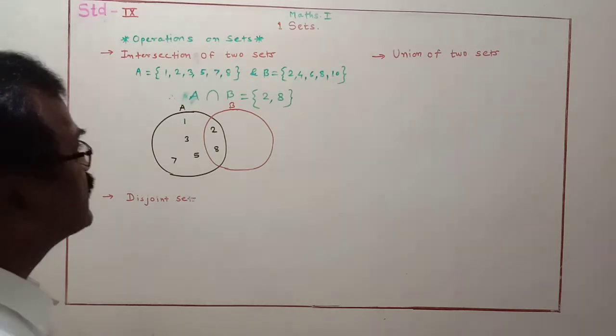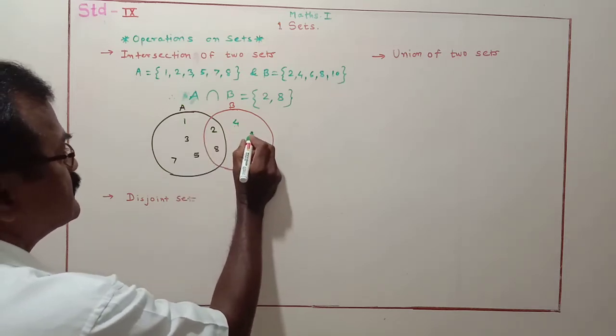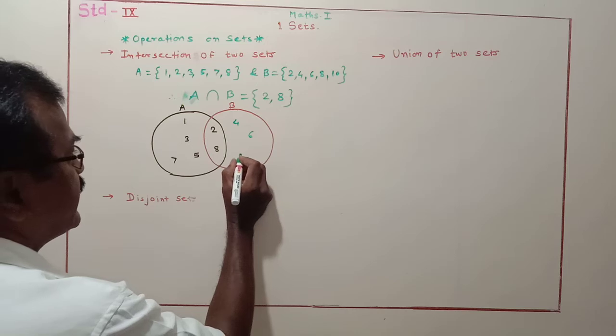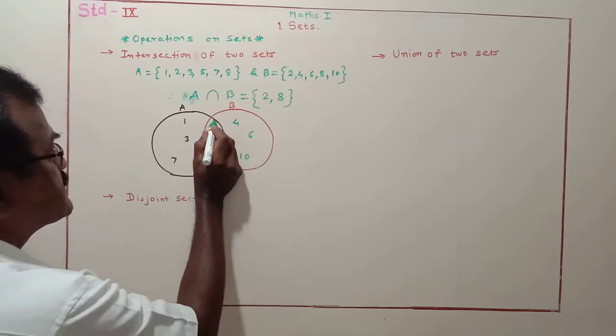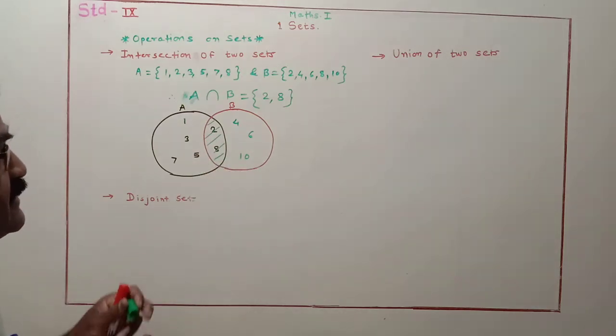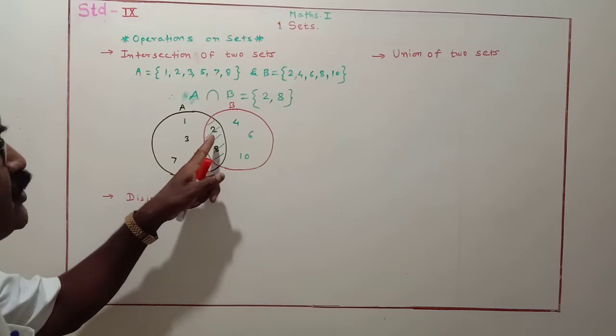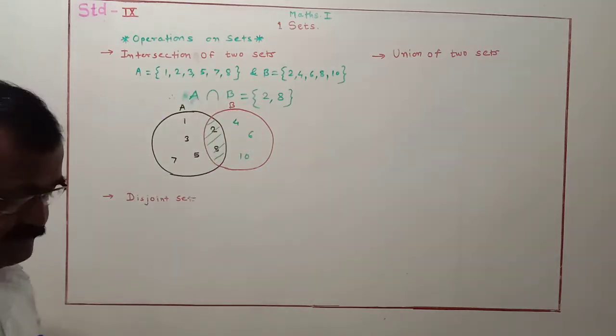Set B is 2, 4, 6, 8 and 10. These two elements are common elements. Therefore, these two elements are the intersection of these two sets.